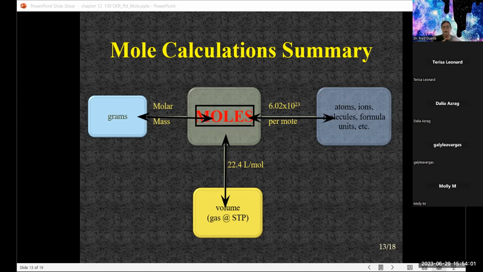Without moles, I can't do anything. And this is just part of the flow chart you're going to utilize. We're going to have another flow chart where we incorporate all this together, and that flow chart summarizes how to get from point A to point B in all your calculations. Okay. All right.